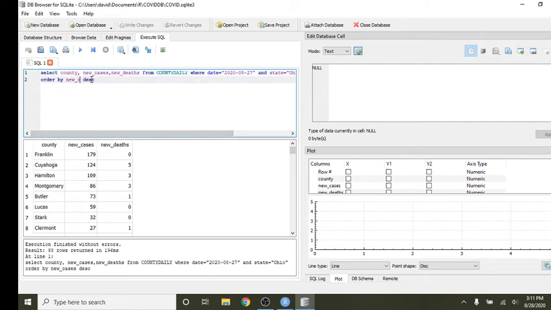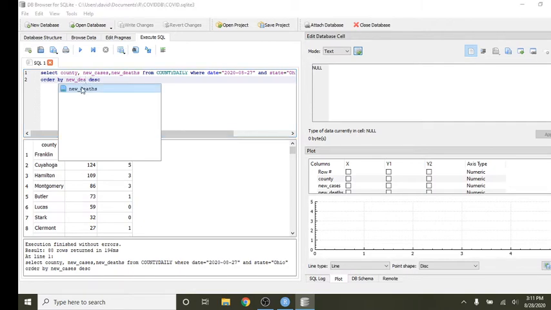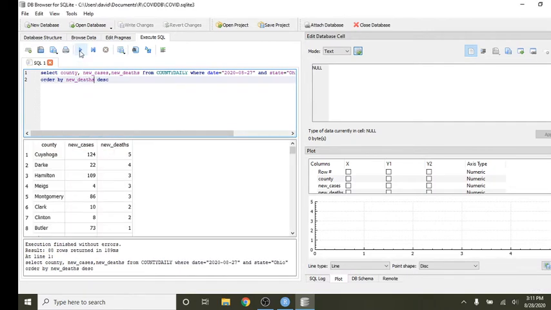Let's take a look at. Now this is really good news. You can see that most of the counties have a very low number of deaths.